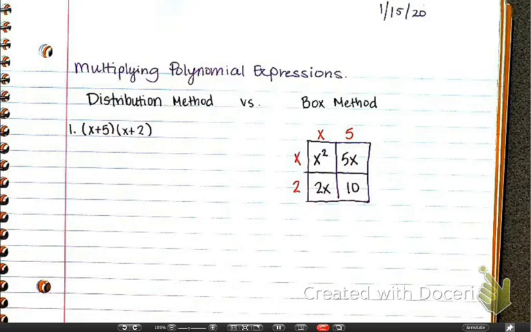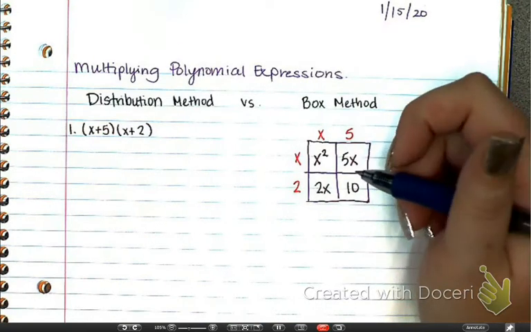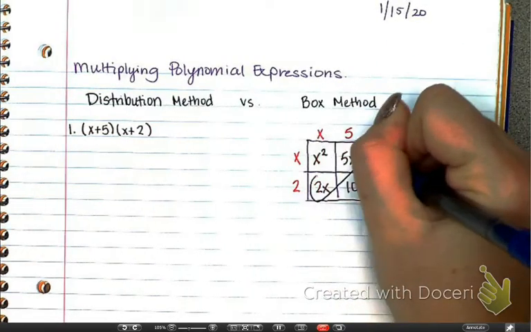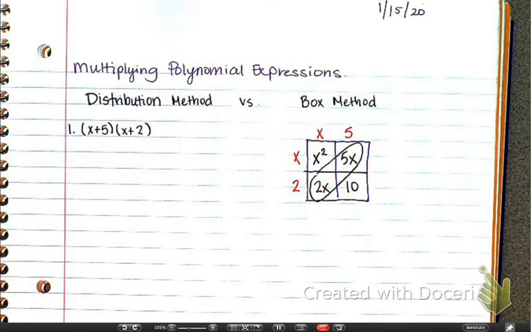Okay, so to get in the box, we multiply. To get out of the box, we combine like terms. Do you notice where our like terms are? The 5x and 2x. Your like terms in a box, if you have them, will always be the diagonal. Okay, sometimes there's not like terms, but if there are, they will always be at a diagonal.